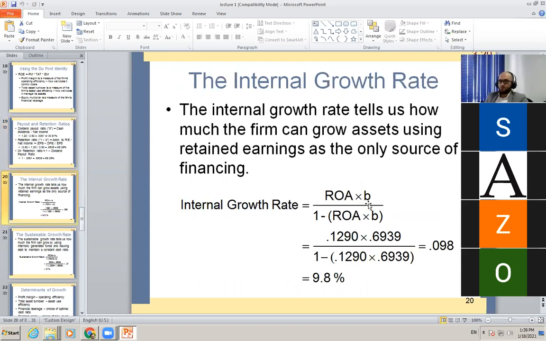So coming to the growth rates, we have internal growth rate that tells us how much the firm can grow their assets using retained earnings as the only source of financing.